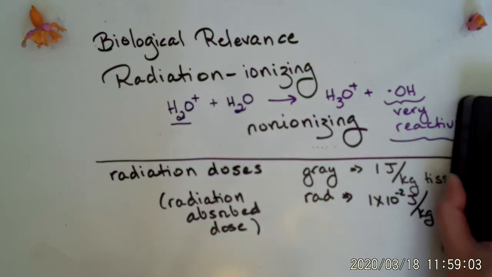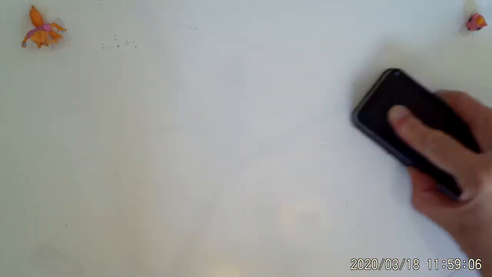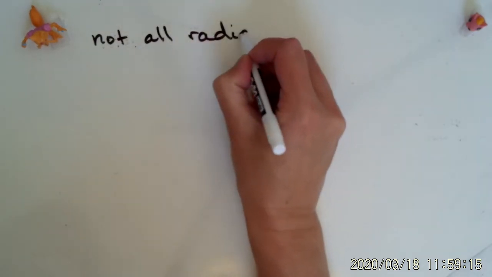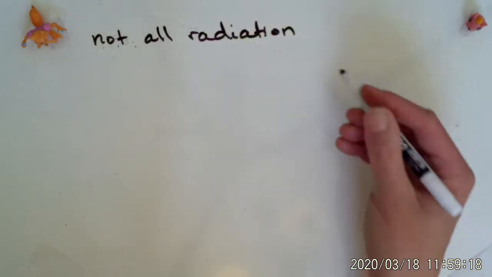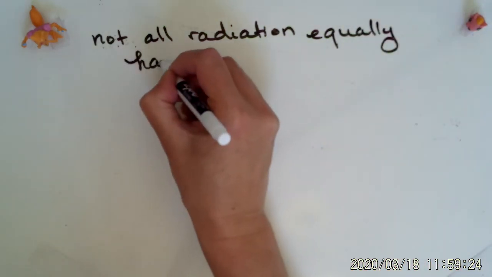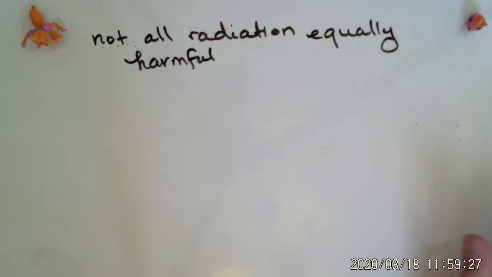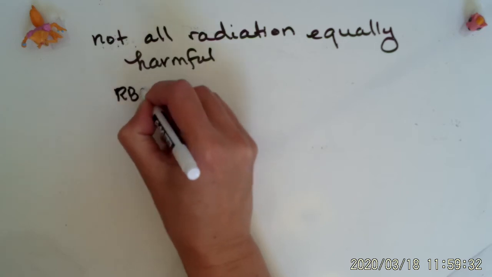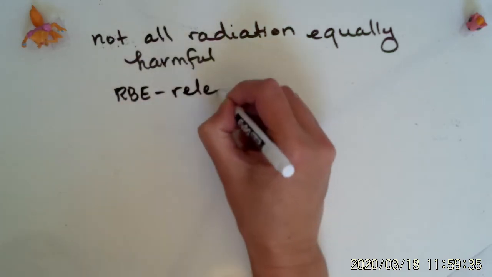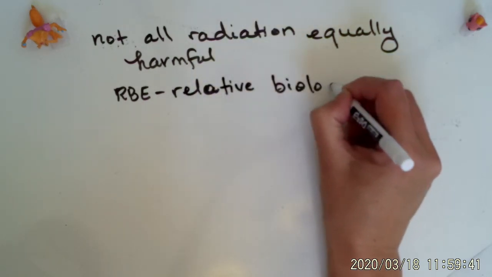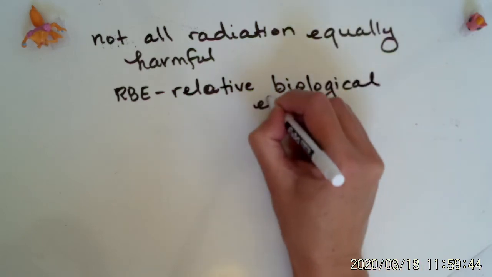Okay, so let's mention that. Since not all radiation is equally harmful, we need a scaling factor, and that scaling factor is called RBE, the relative biological effectiveness.